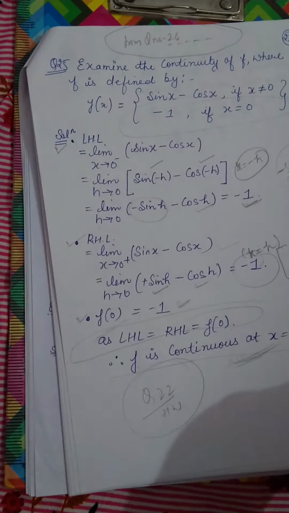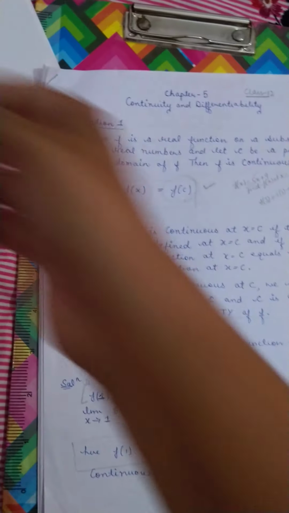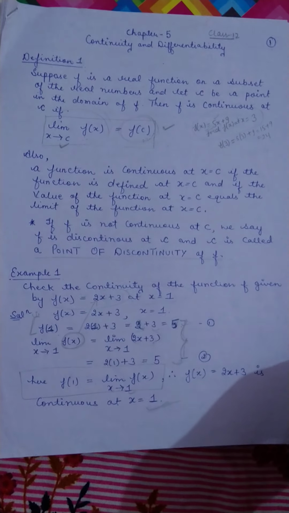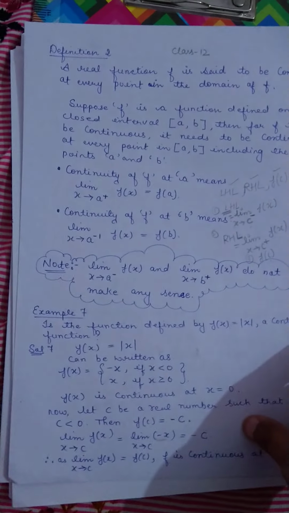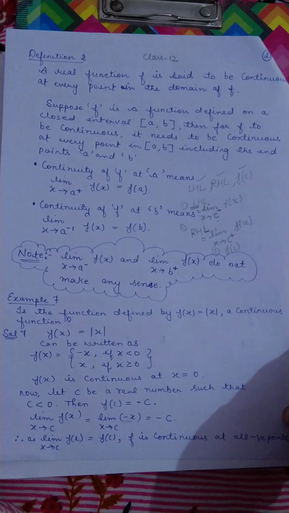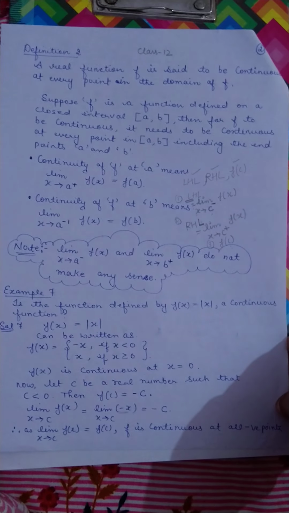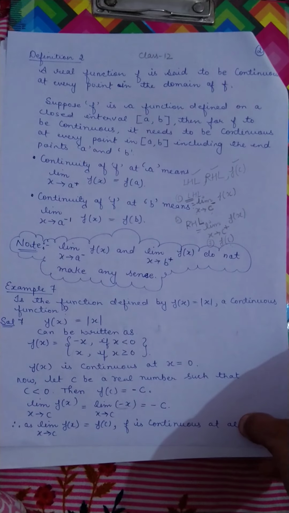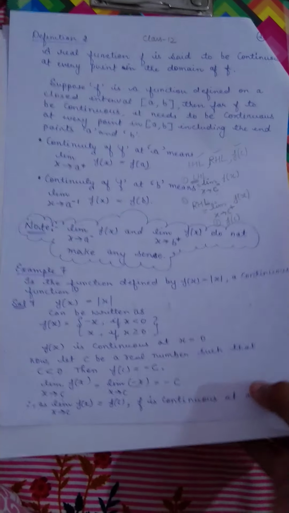And I just want to show you once again what all things we have done. This is your page 1, in which I have told you about the definitions of continuity. Then after this, this is your page 2. If by chance you do not have it, you can take a screenshot from here. This is the second definition, in which I have told you about LHL is equal to RHL is equal to f of c.